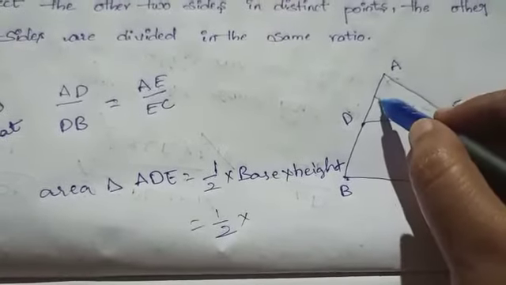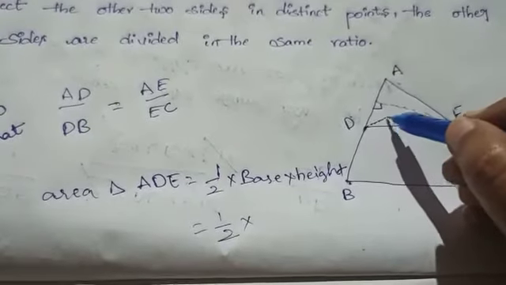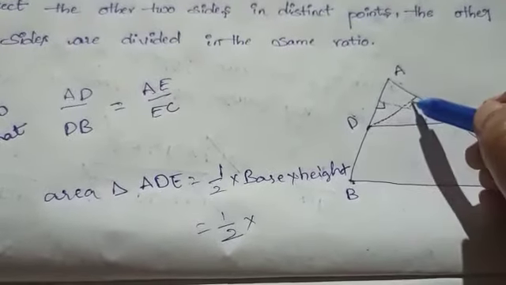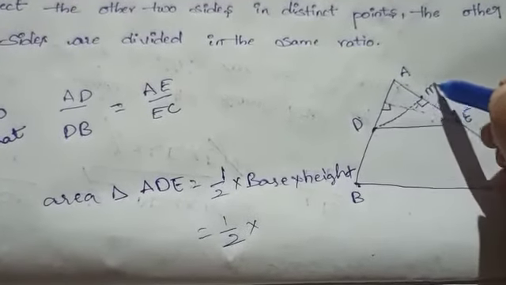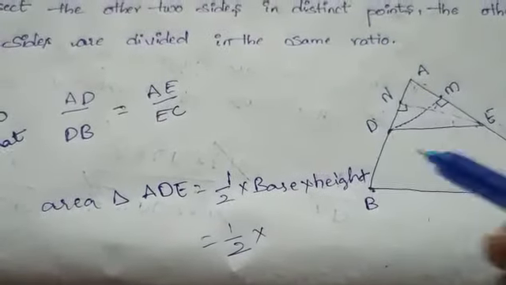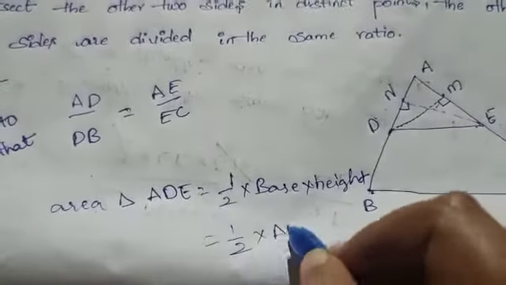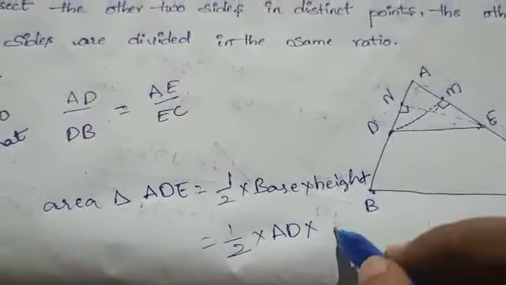Okay, this is the one perpendicular. Okay, and draw a perpendicular line on AE. This is one perpendicular. See, here this point is M and this point is N. Here base is AD, AD into height. Height is EN.